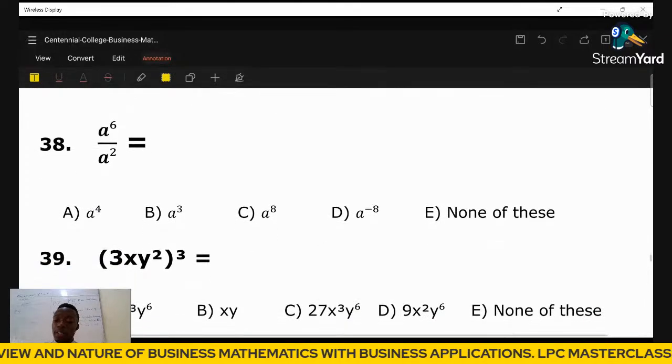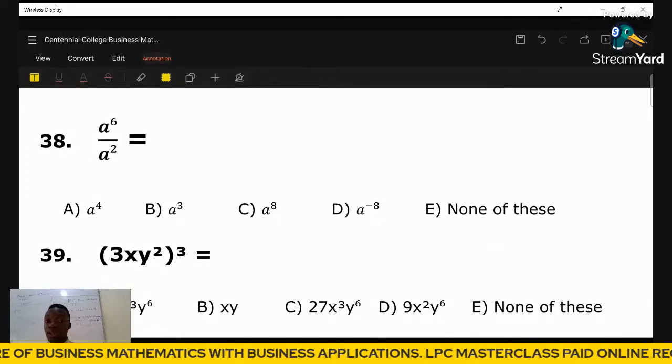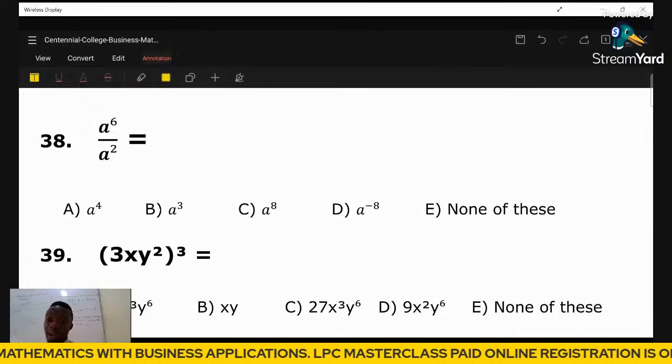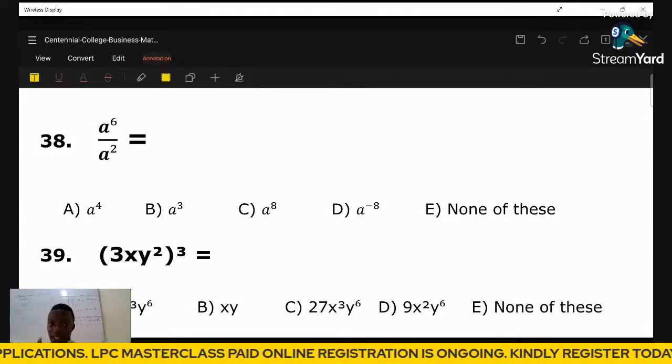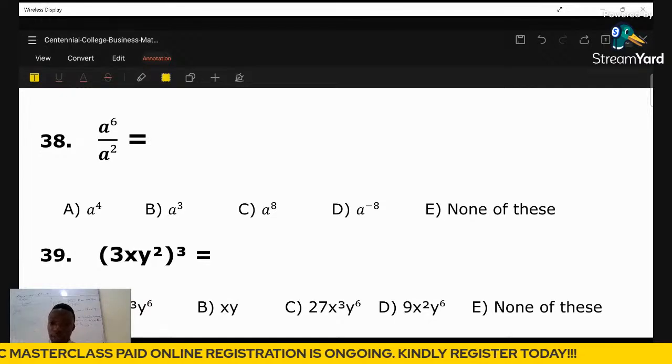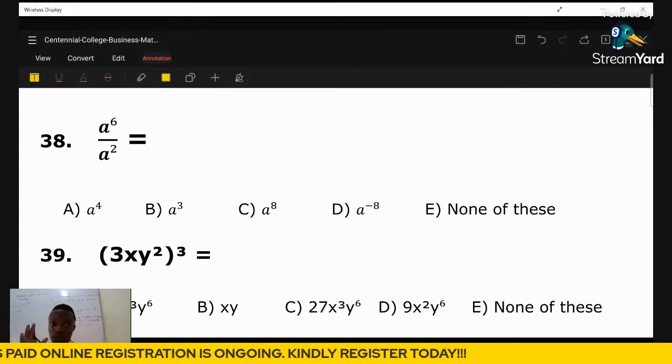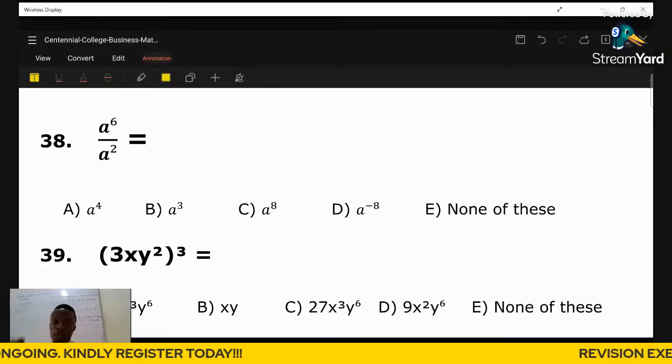Now, question number 38. So here too, the same law of indices approach. When we are dividing, we have equal base, we subtract the denominator exponent from the numerator exponent.